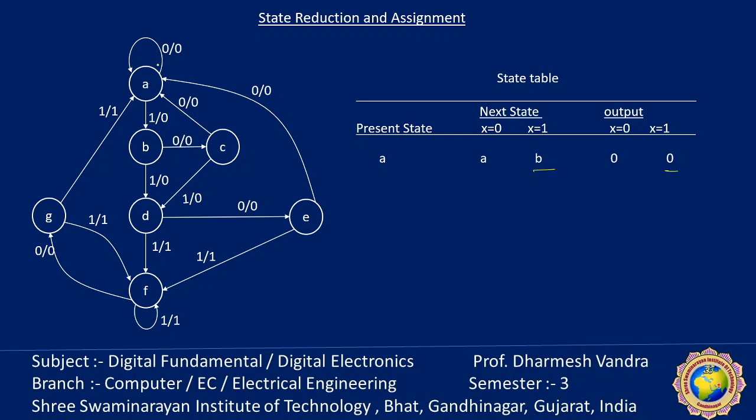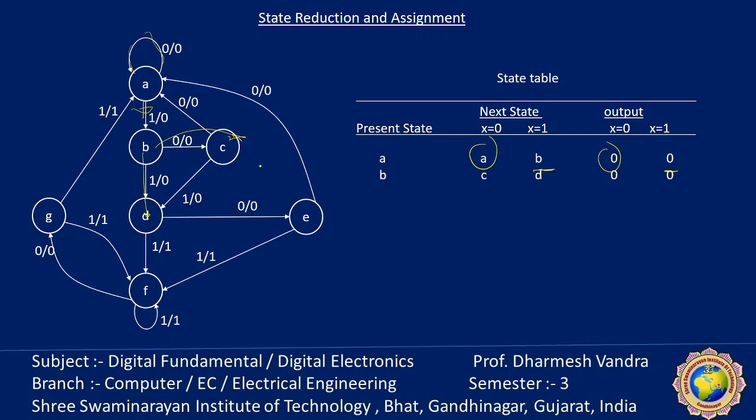This is the first row, and this is the second. Now, the next state is B. If it is 0, the next state is C, and if 1, D. In both conditions, the output is 0.